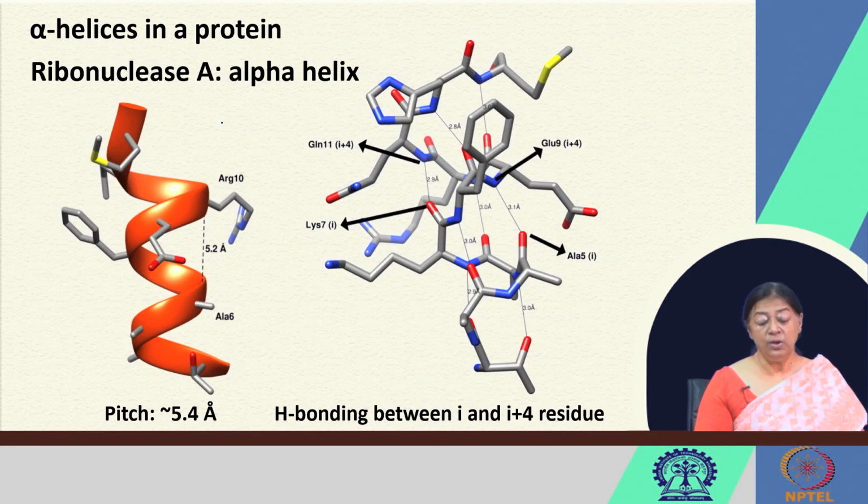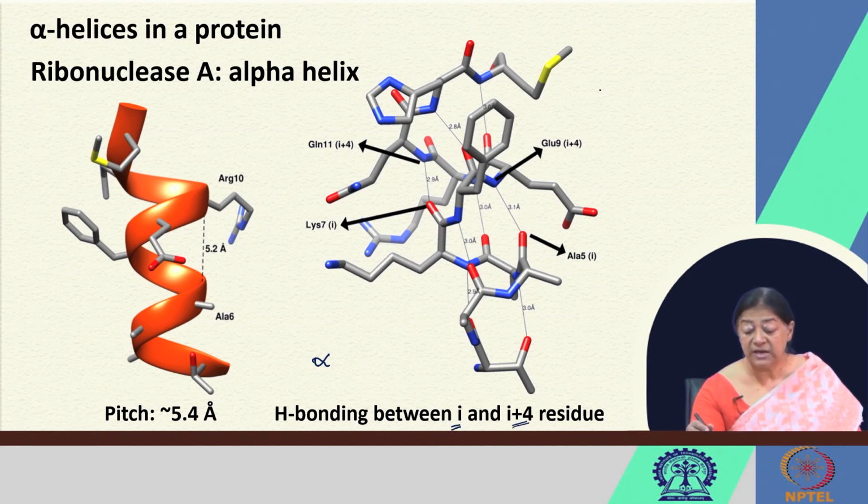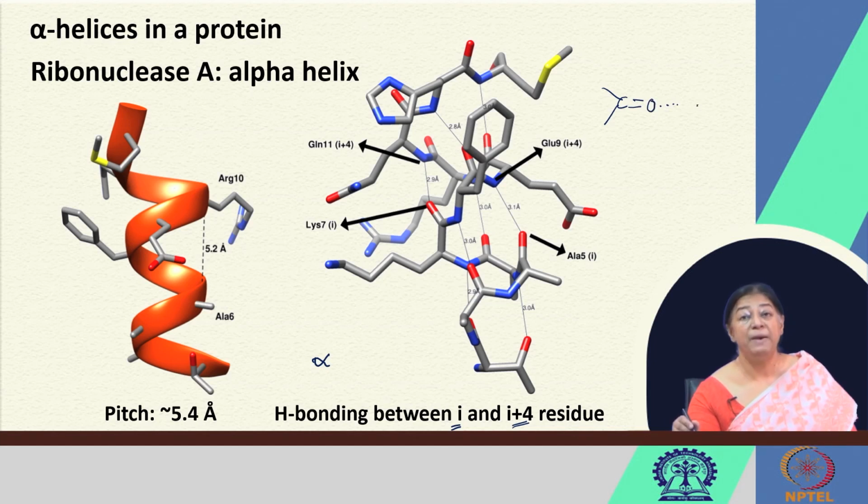So, when we look at the hydrogen bonding patterns of these helices, the common hydrogen bonding pattern in the one that we usually refer to as the alpha helix is the hydrogen bonding between the i and the i plus 4. We are looking at a hydrogen bonding between the peptide backbone residues.